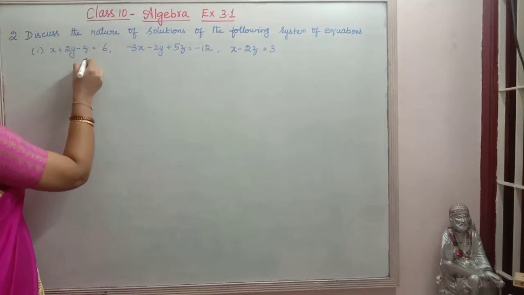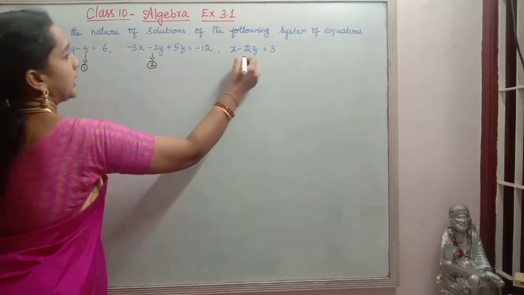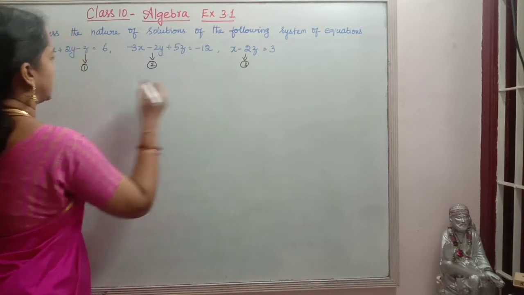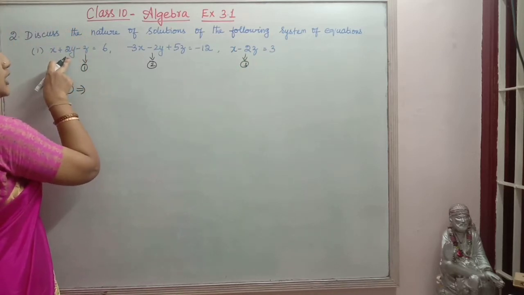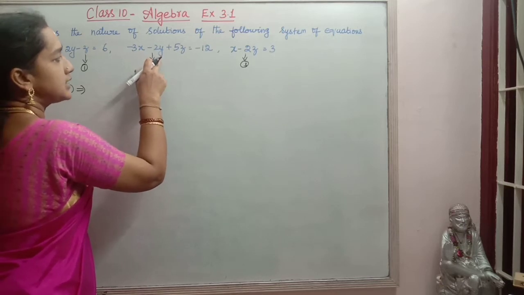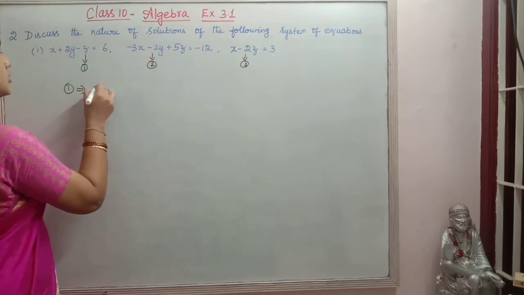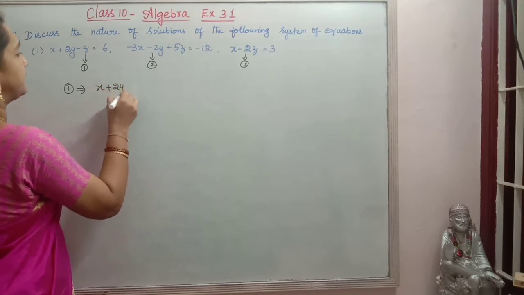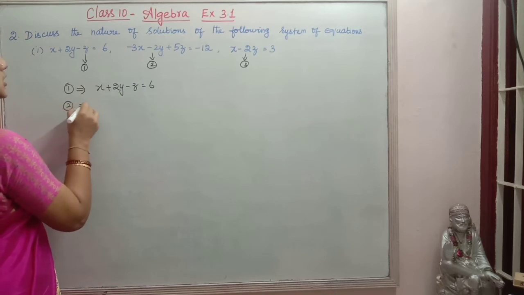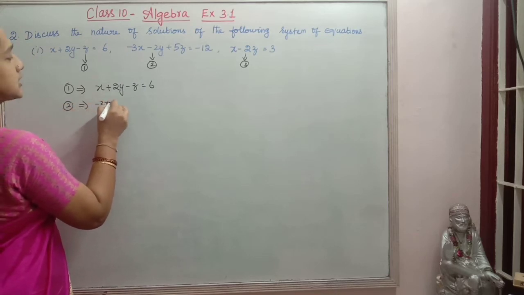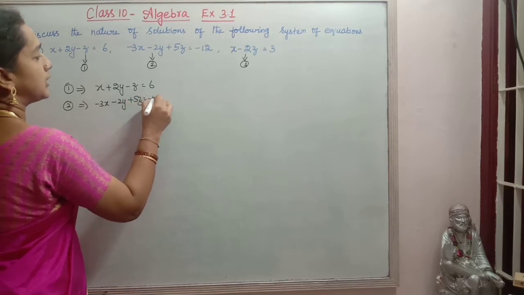So this is the first equation, this one is second and this one is third equation. If we take the first equation, we see plus 2y here, and in this equation minus 2y is there, so that we can cancel easily. So x plus 2y minus z is equal to 6 and the second equation is minus 3x minus 2y plus 5z is equal to minus 12.